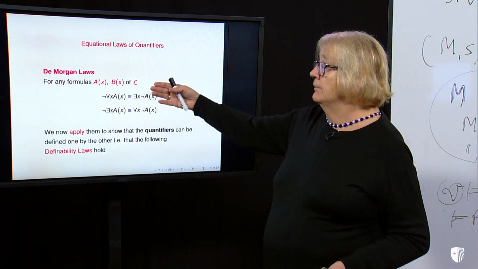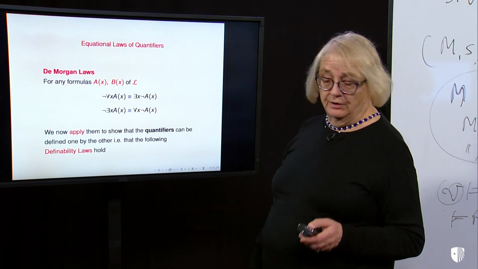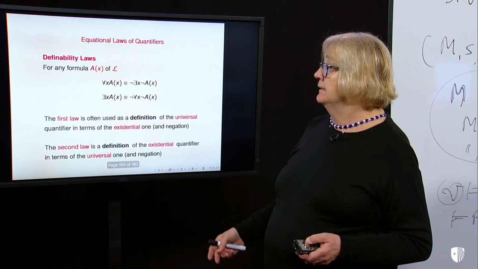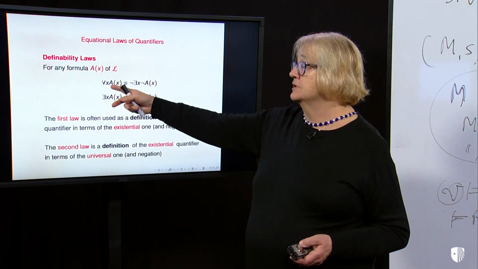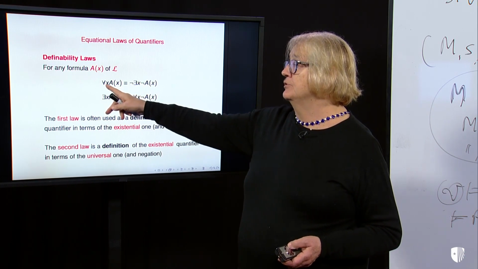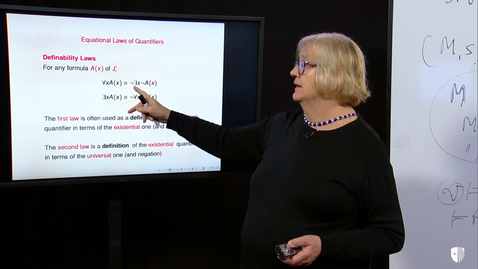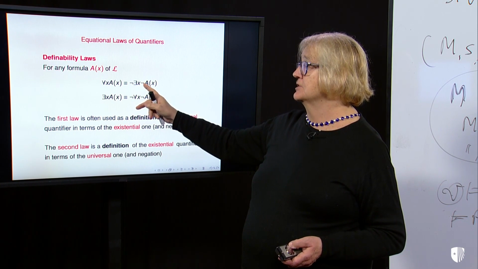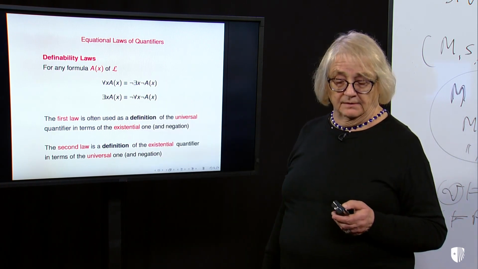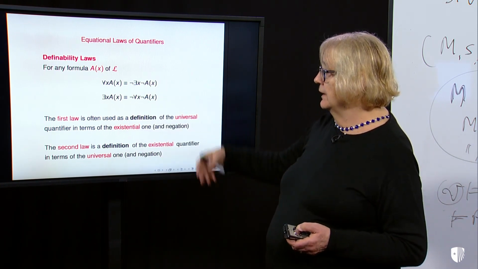So now we write the De Morgan laws as equational laws. We write definability laws, that the universal quantifier can be defined in terms of negation and the existential quantifier through the De Morgan law.